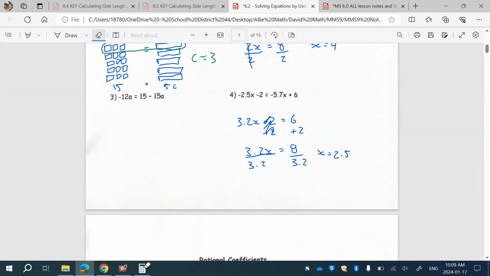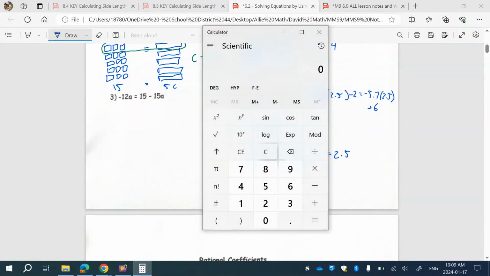So let's see, is it true that negative 2.5 times 2.5 subtract 2 equals negative 5.7 times 2.5 plus 6? Oh no, I'm running out of room. I'm going to do this in my calculator. Negative 2.5 times 2.5 equals negative 6.25. And I think we got to subtract 2.